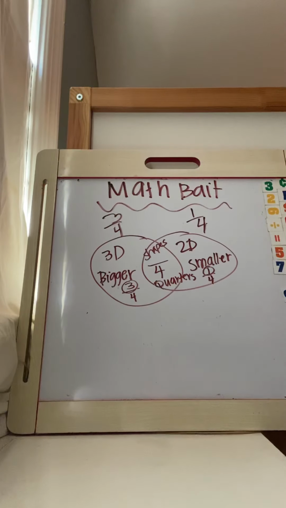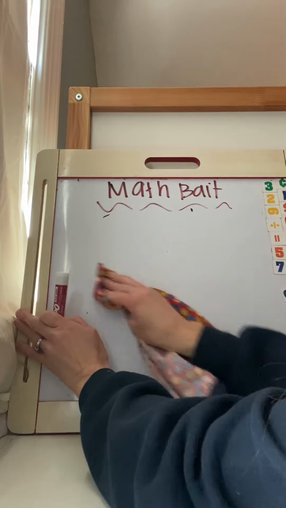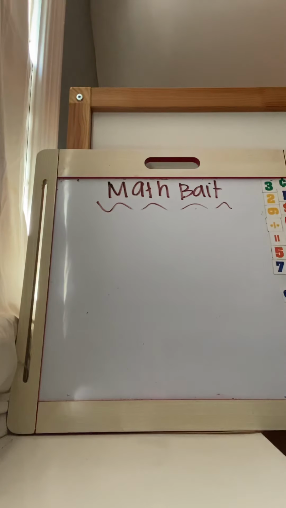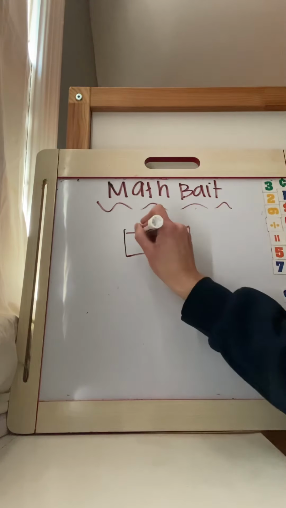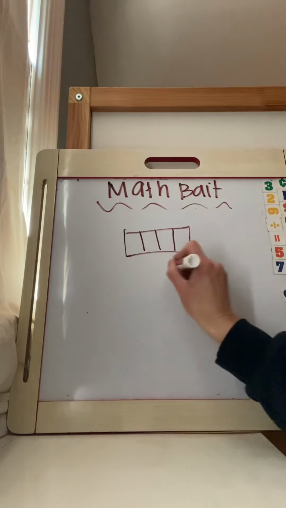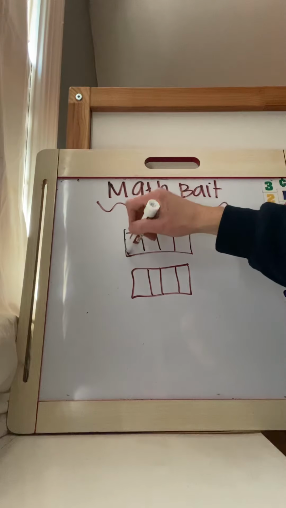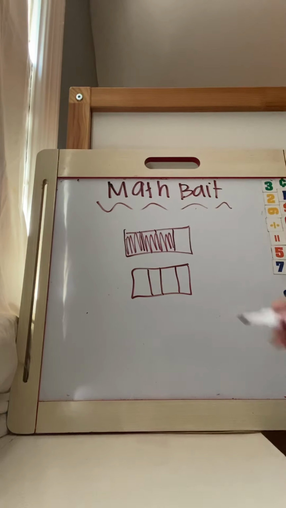Okay, the last thing that you were supposed to do on your math bait was to compare your fractions. So if I were going to compare those 2 fractions right there to try to find which one was bigger, which one was smaller, I love using my chocolate bar. Both of them were broken up into 4 pieces. Okay, but this one I would have eaten 3 of the pieces.